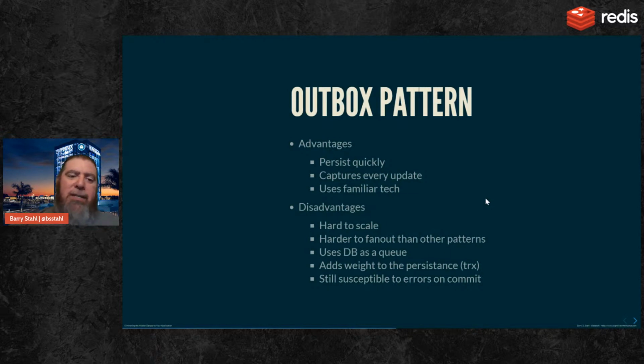And then once you've got it safe, then other things, you're less likely to have a problem. So it does that fairly quickly, although it is putting it in a transaction, which, as we mentioned before, is slower, more likely to fail. But it does allow you to quickly persist that information.